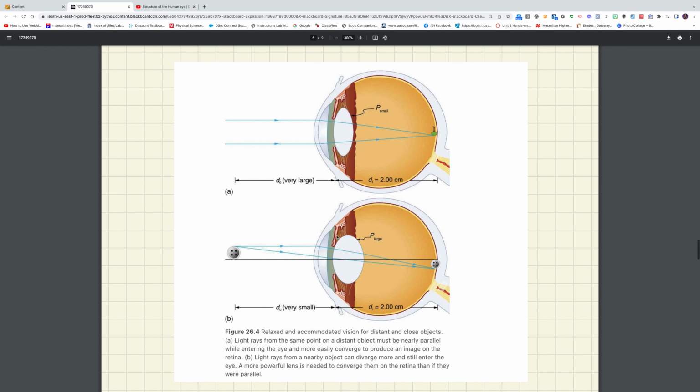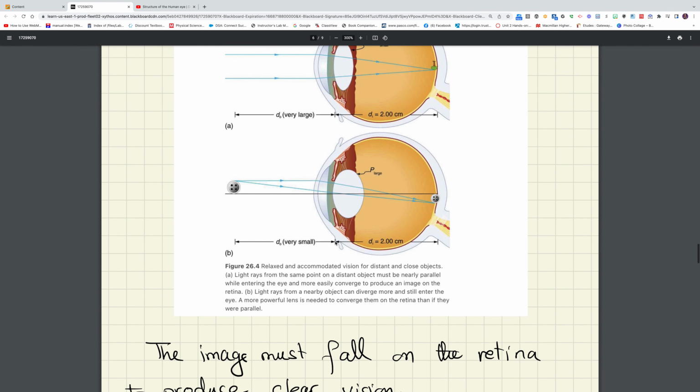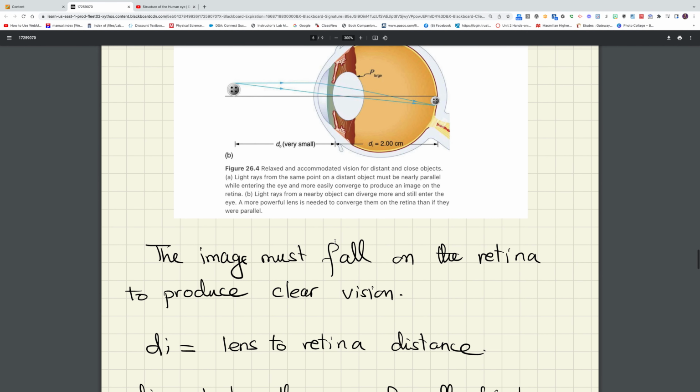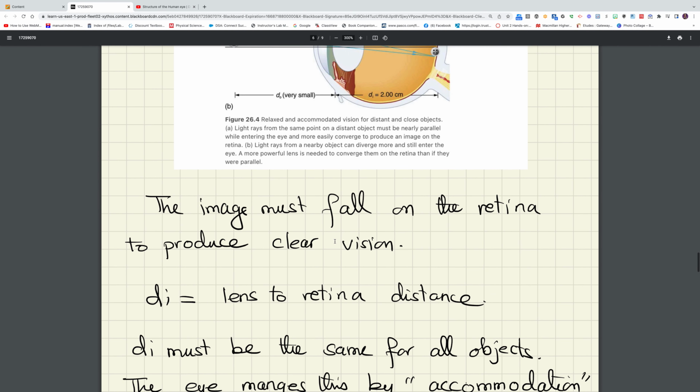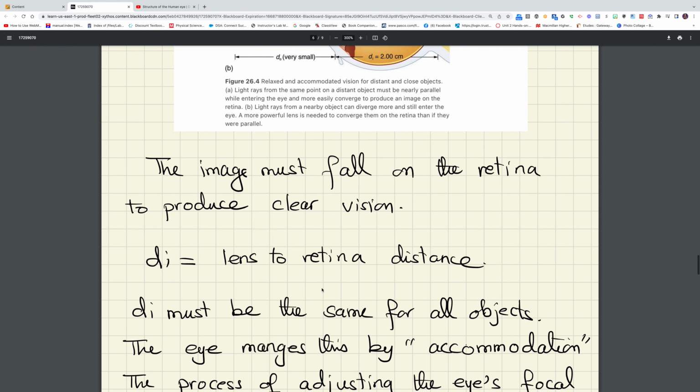The light is going to diverge and still enter the eye. And we are talking here, of course, about normal vision, a person without any defects, good vision. The image must fall on the retina to produce clear vision, and the lens to retina distance must be the same for all objects, because the eye size is really the same.